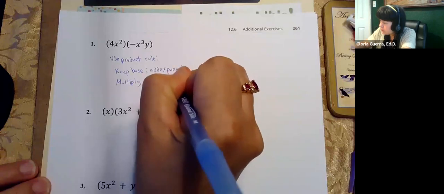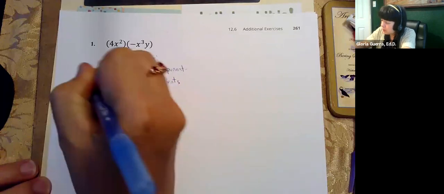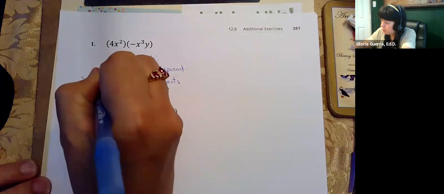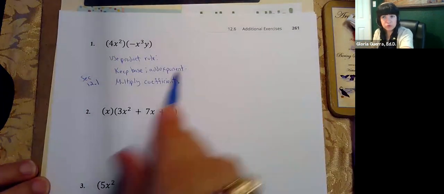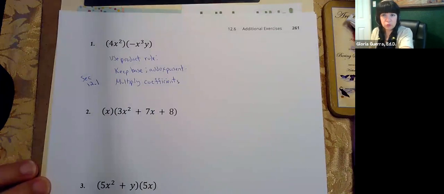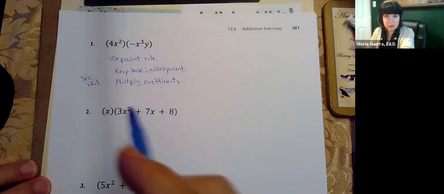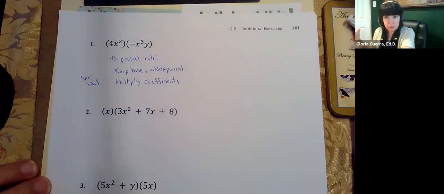That was back in section 12.1 when we first started learning about the exponents and their rules, except we're going to do that repetitively for this new section 12.6, multiplication with polynomials. And then we're also going to be adding like terms, starting with problem 4 and so on.